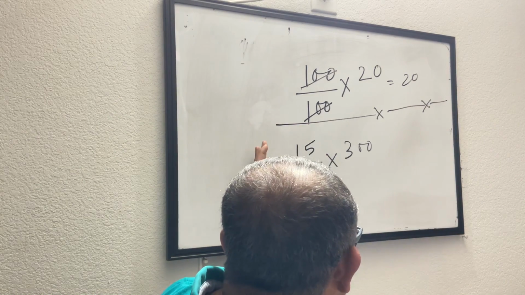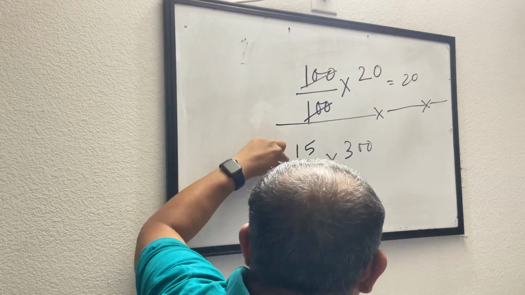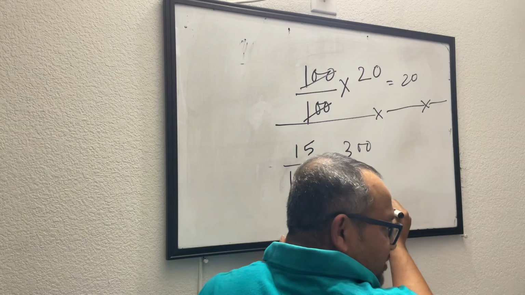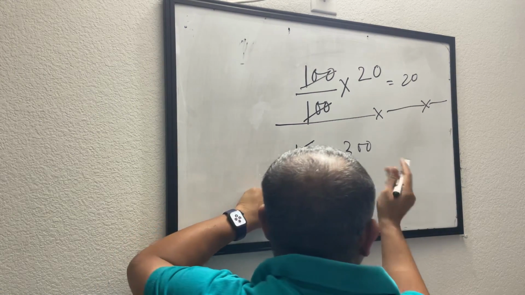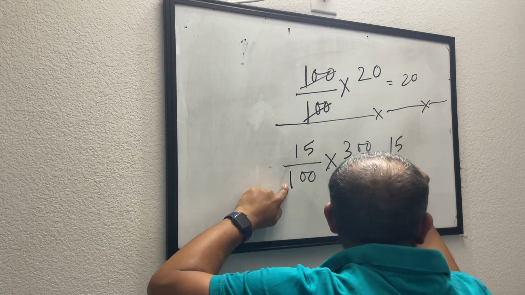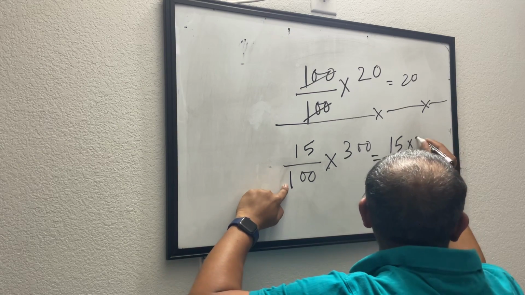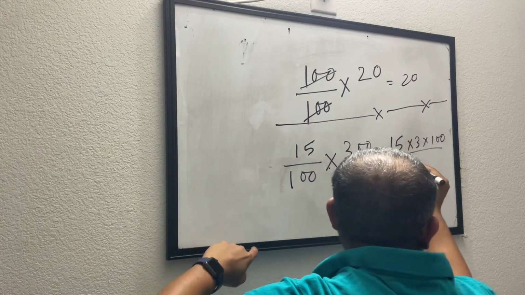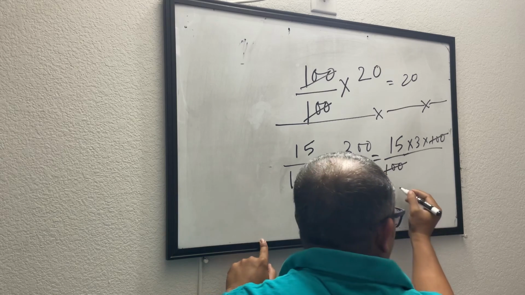I'm just writing English here. 15% of. This into is nothing but of, right? You can read it that way. So 15% of 300. Now you can calculate it. So 15 over 100 into 300. 300 I can write as 3 into 100, right? This 100 and this 100 I can do tic-tac-toe. What I'm left with? 45.